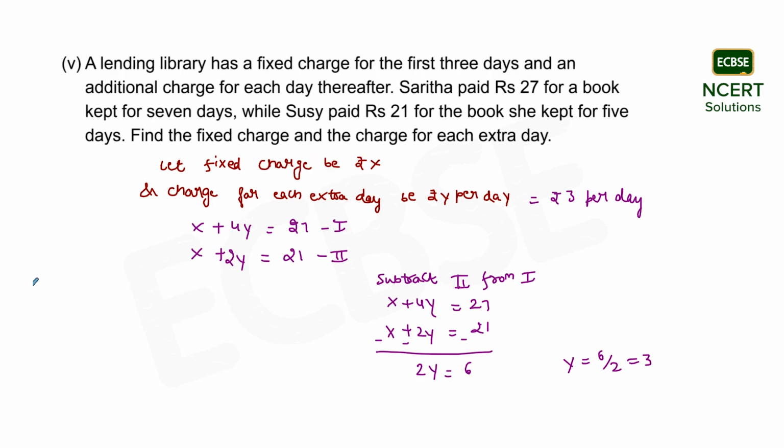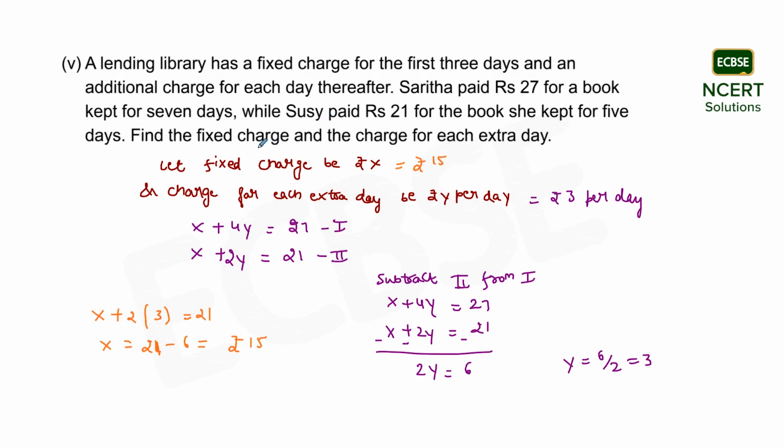So here it will be x plus 2 into 3 is equal to 21. x is equal to 21 minus 6, which comes out to be rupees 15. This means the fixed charge which Saritha and Susie have to pay for the first 3 days is rupees 15. So here we will write rupees 15.